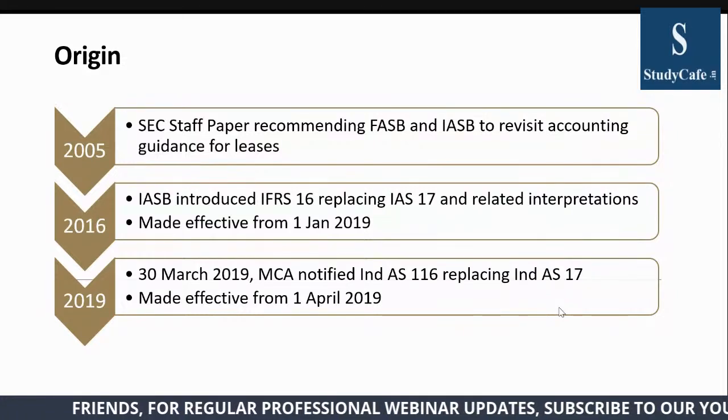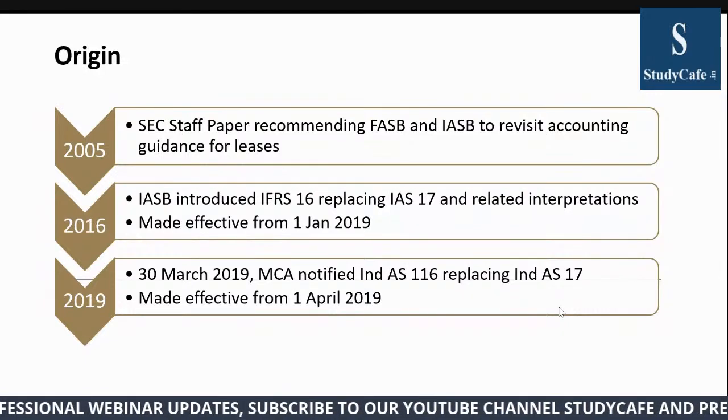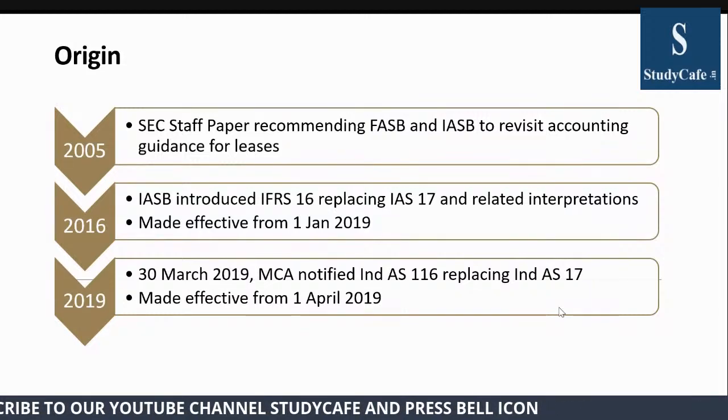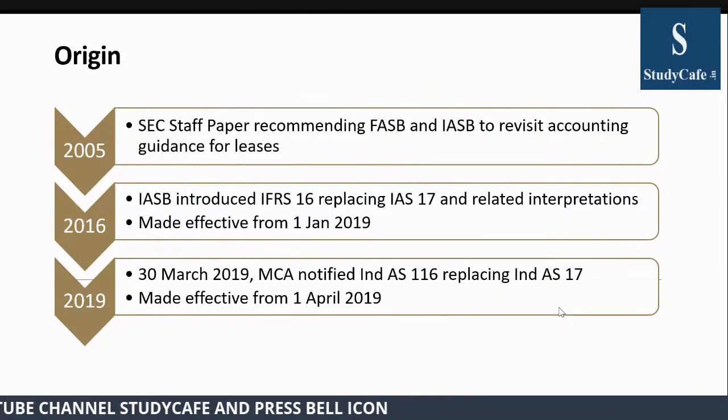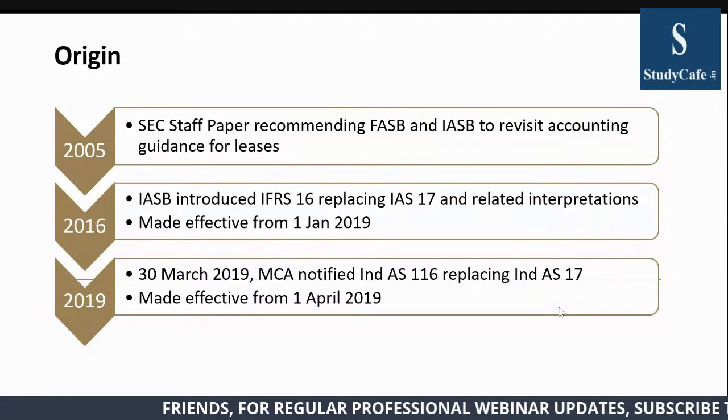It took almost a decade for IASB to introduce a new standard on leases. It took a lot of analysis, a lot of research, right? So in 2016, IASB introduced IFRS 16, which replaced IAS 17.